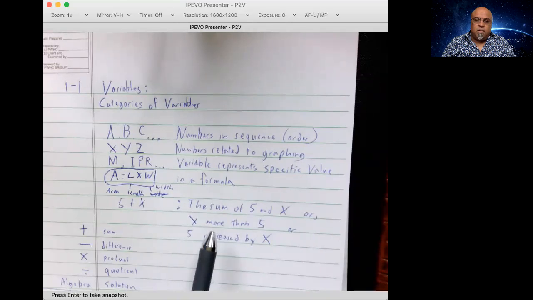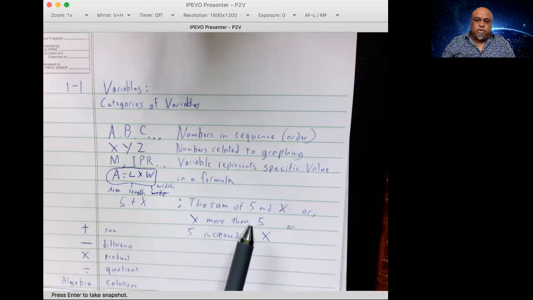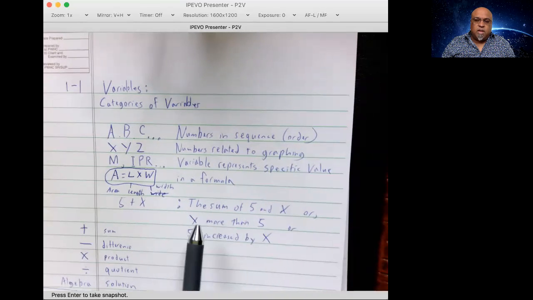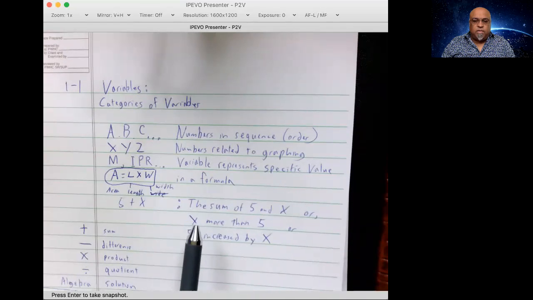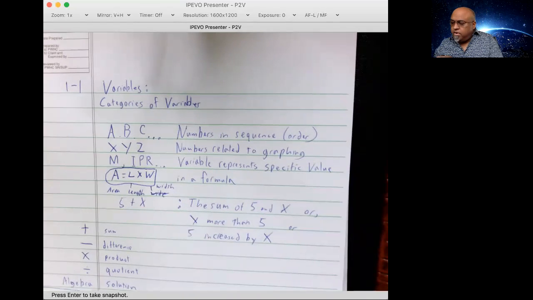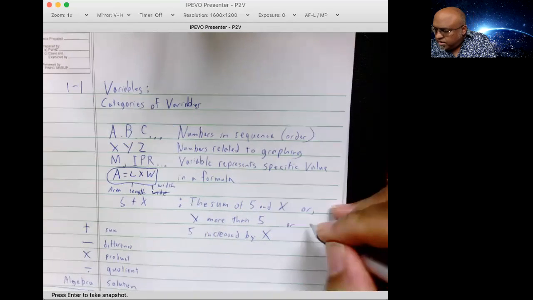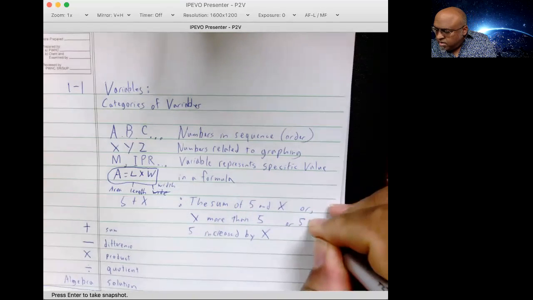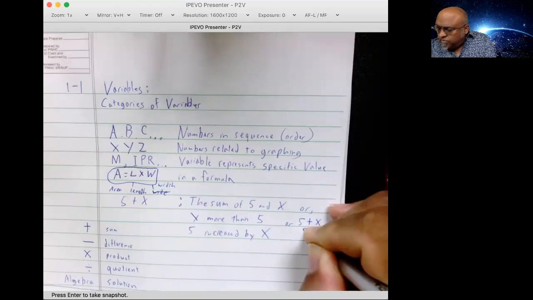But more than implies that 5 comes first and that x is being put onto it or added to it, okay? Or summed up with it. So the idea is if you have a sentence like this, x more than 5, then the thing that's more than should come after, and you should write it like this: 5 plus x, because the x is being added on to the 5.